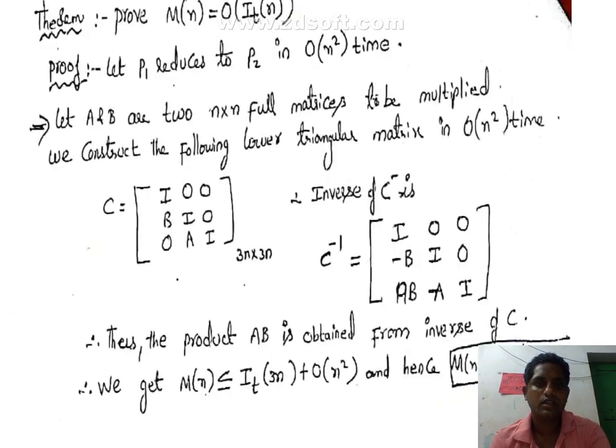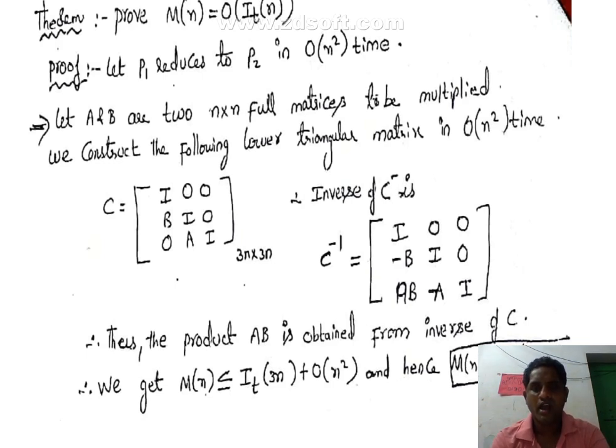Proof that M(n) equals big O of IT(n): let P1 reduce to P2 in big O of n square time. Let A and B be two n by n full matrices to be multiplied. Then we can construct the following lower triangular matrix in big O of n square time. For example, C equals I 0 0, B I 0, 0 A I, a 3n by 3n matrix.